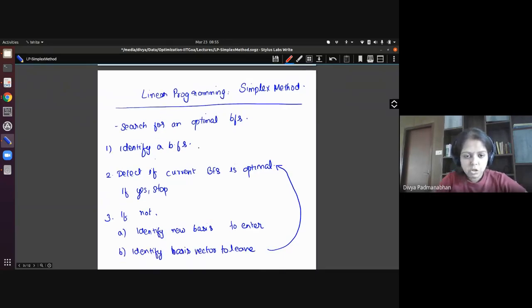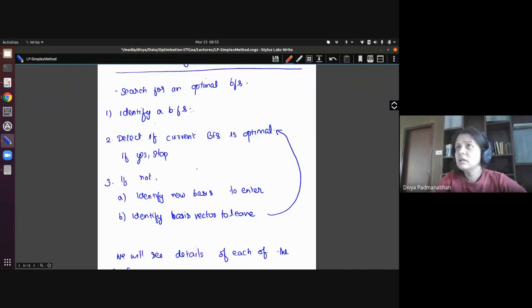Instead, you start off with a basic feasible solution. Somehow you fix a basic feasible solution, and you somehow have some way to check if the current BFS is optimal or not. If you find that it's optimal, then you stop. But if not, you try to find a way to go to the next BFS.